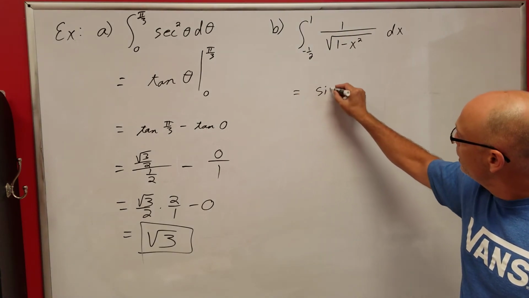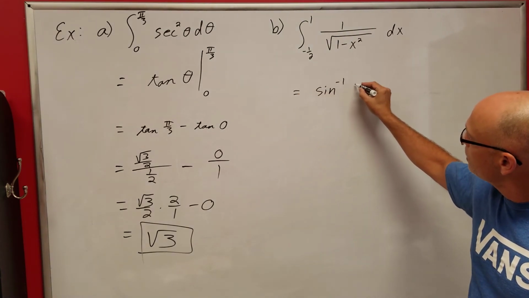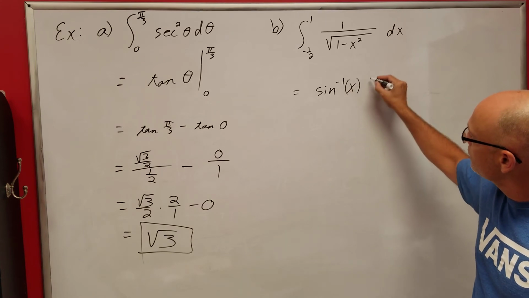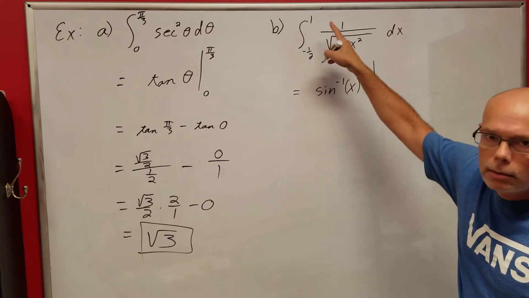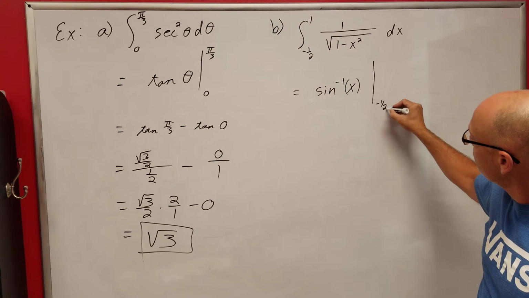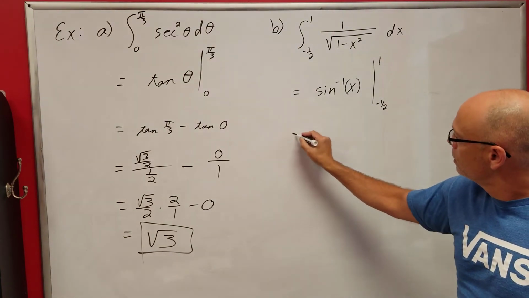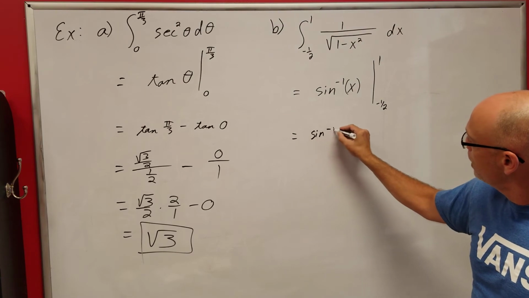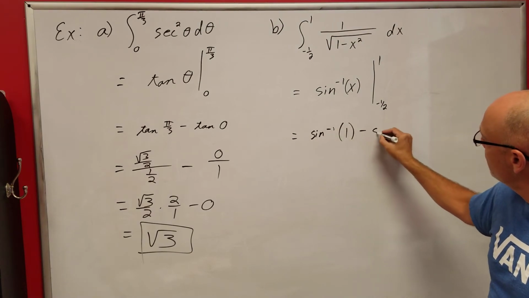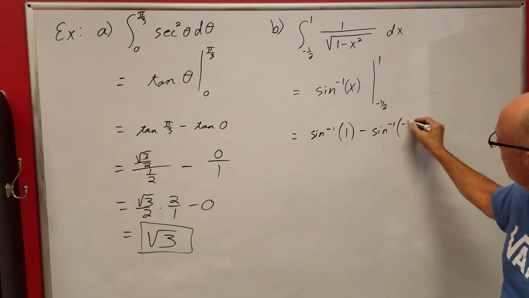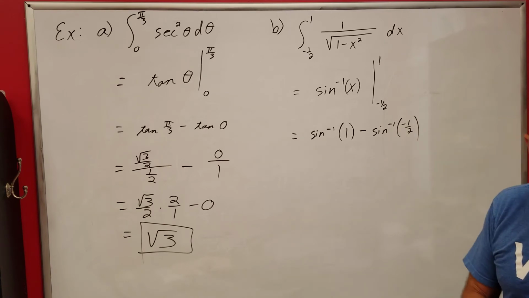So an antiderivative here is the inverse sine of x. And I want to run it from -1/2 to 1. So let's see, that's the inverse sine of 1 minus the inverse sine of -1/2.